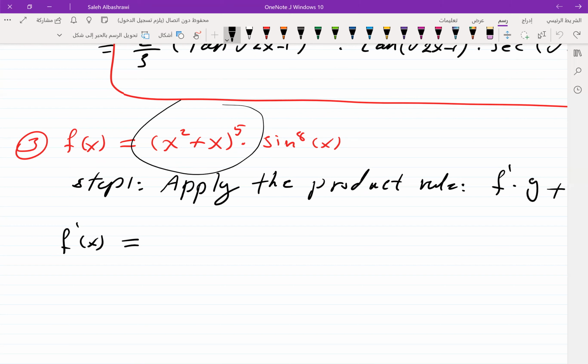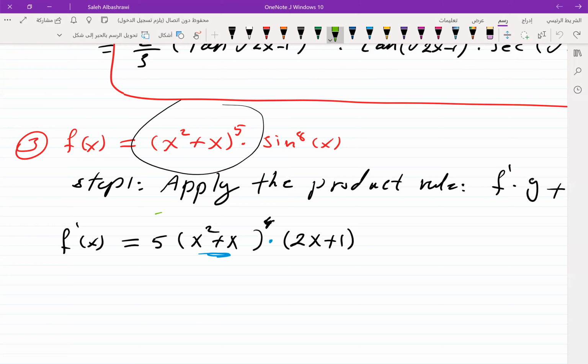I have the power and the function inside the power. So we apply the chain rule for the first function. It is 5 multiplied by something to power 4. That is x squared plus x. Now the derivative of this one is 2x plus 1.